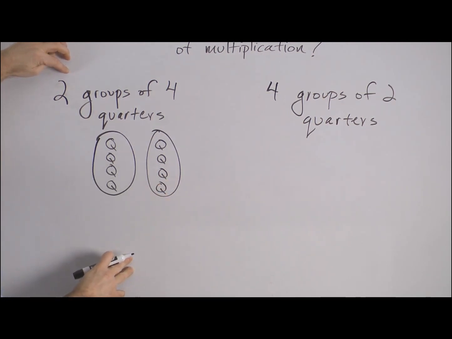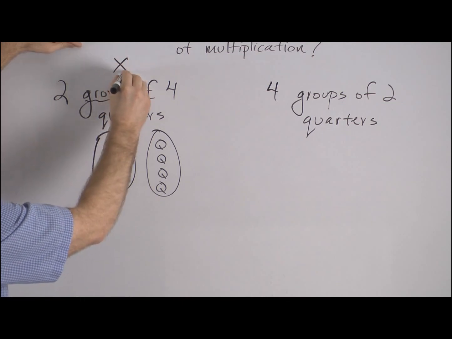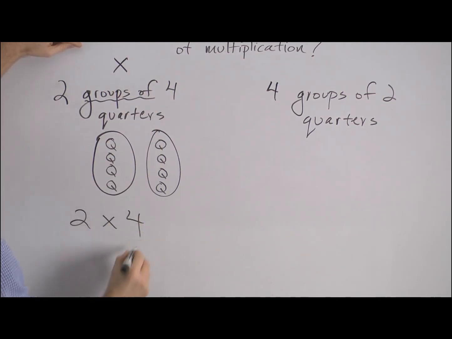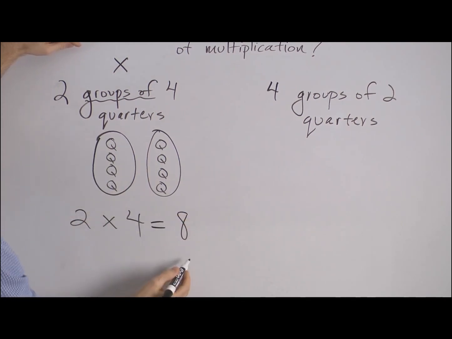I think it's very clear if we have 2 groups of 4 quarters, this is really 2 groups of means times 4. So we have 2 times 4. And the answer to this is going to end up being equal to, count your quarters, 8.